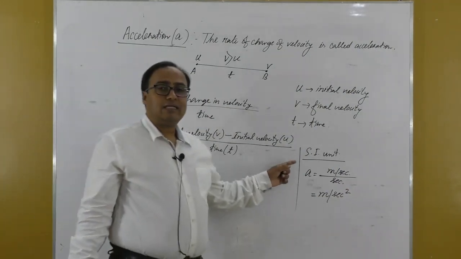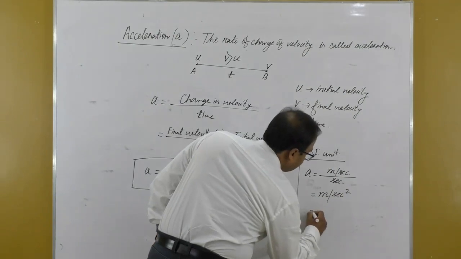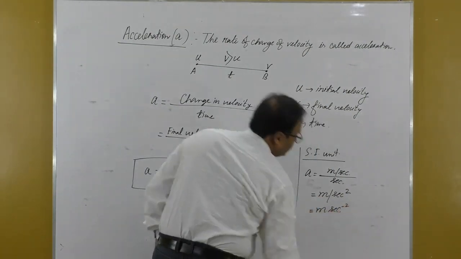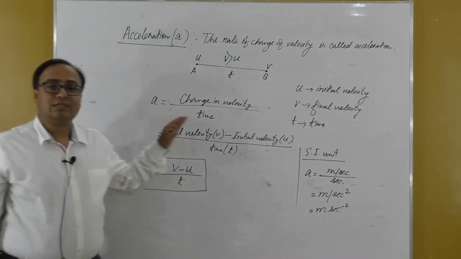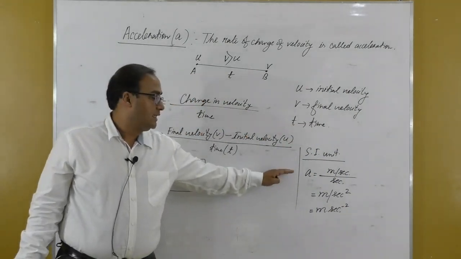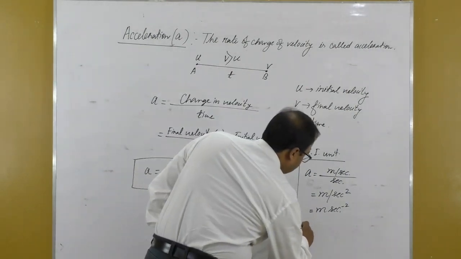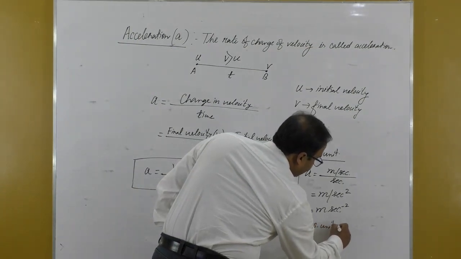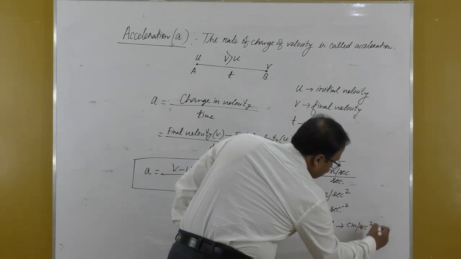So if I ask you what is the SI unit of acceleration, meter per second square, or you can also write it like this, meter second to the power minus 2. And if it is asked what is the CGS unit of acceleration, it is centimeter per second square.